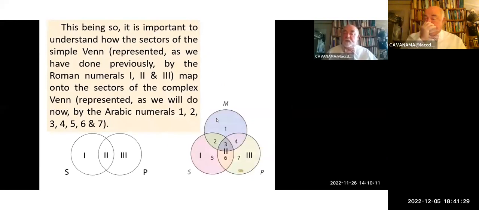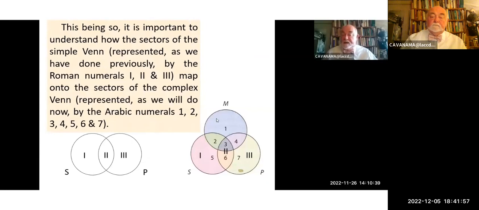Now, I mentioned the Roman numerals versus the Arabic numerals. Let's just map the one onto the other here for a moment. The areas represented by the Roman numerals 1, 2, and 3 map onto the Venn for the complex ones, but they're always 2 bits. So the Roman numeral 1 sector is actually Arabic numerals 2 and 5.